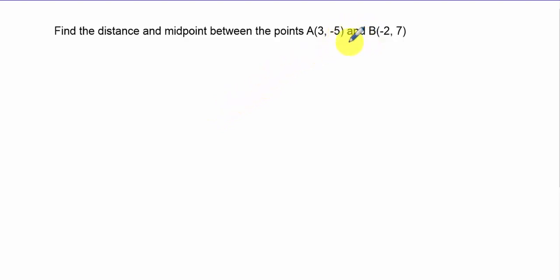We're going to find the distance here. So let's go through. We'll call this point A and B, and I'm going to go B minus A in each case.